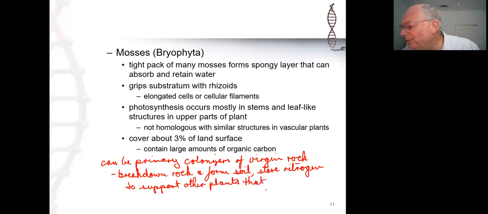So this is a really important feature of the mosses.